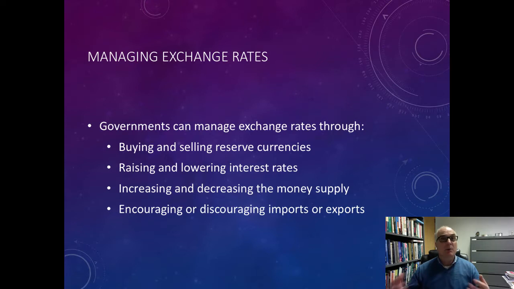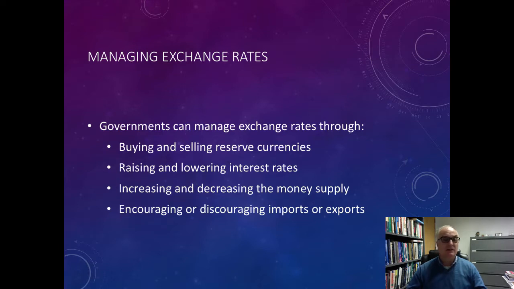So by importing a lot of goods, you are weakening the currency. A country that imports a lot of goods will likely see its currency weaken. A country that exports a lot of goods will likely see its currency strengthen. But those effects go exactly counter. So if your currency begins to weaken, then it becomes more expensive to buy foreign goods, and so the imports will likely decrease.